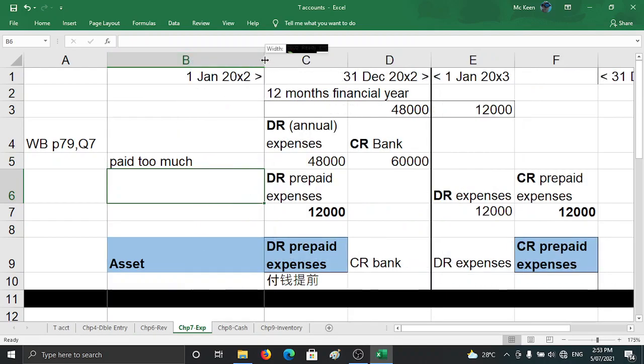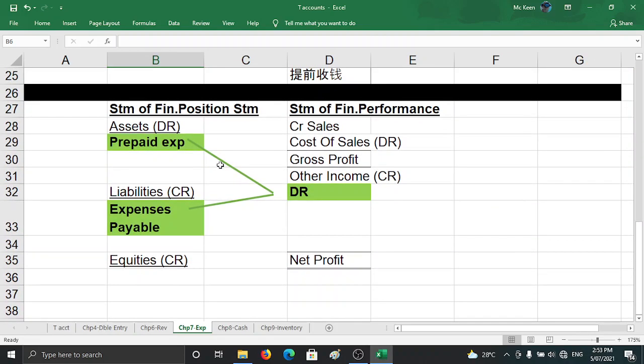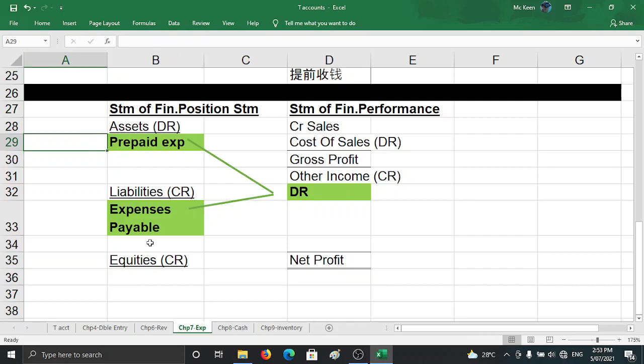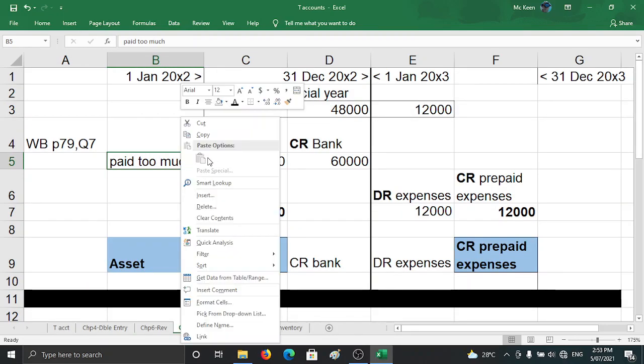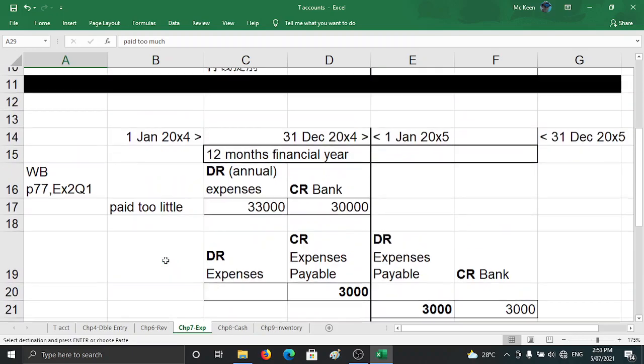So, what is the concept? As usual, in your statement of financial position, you pay too much. Yeah, I put the words there. Okay, you pay too much, it becomes prepaid expenses, right? Okay, you pay too much, prepaid expenses.